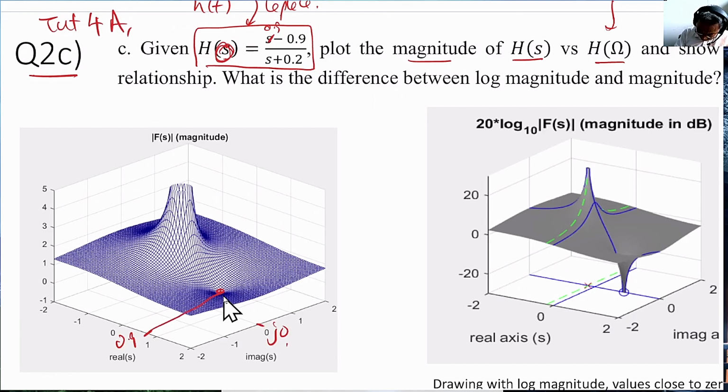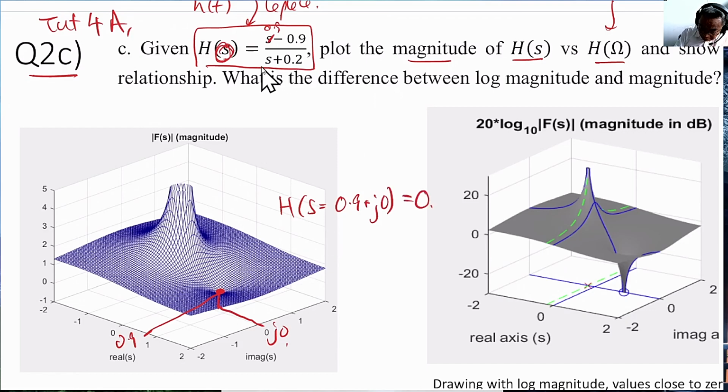So this point exactly is where the 0 happens. You can see that the whole surface will start to converge and move towards 0. At exactly real part equals 0.9, imaginary equals 0, h of s equals 0.9 plus j0 is equal to 0.